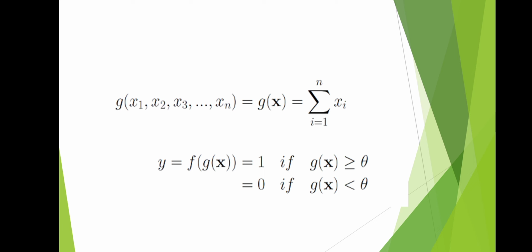Then a threshold value is given, and using that threshold value the decision is taken. With the formula sum of WiXi, the activation rule is: if the sum of weighted input is greater than or equal to the threshold value, then the neuron fires, meaning the output is 1; otherwise it does not fire, meaning the output is 0.